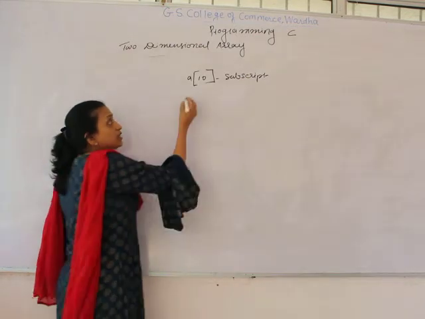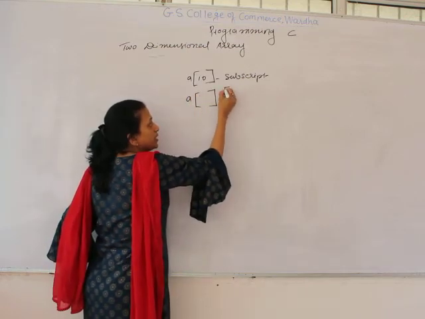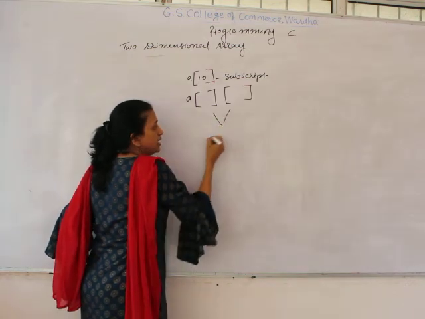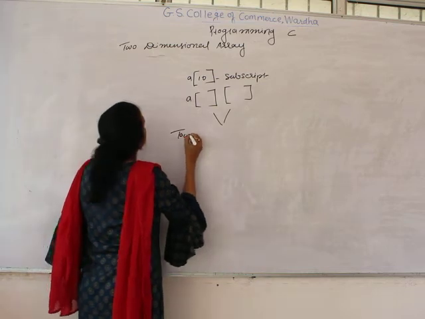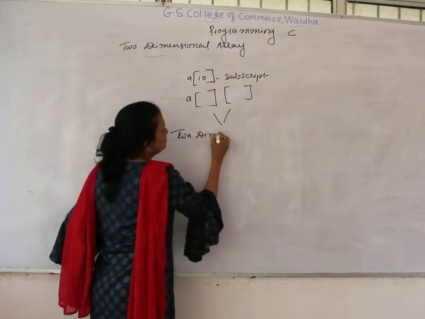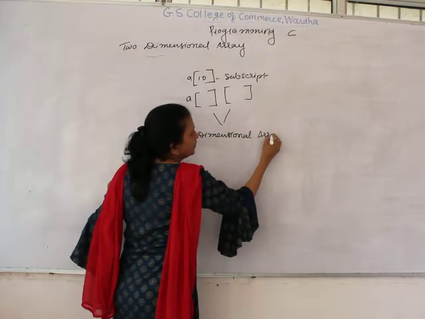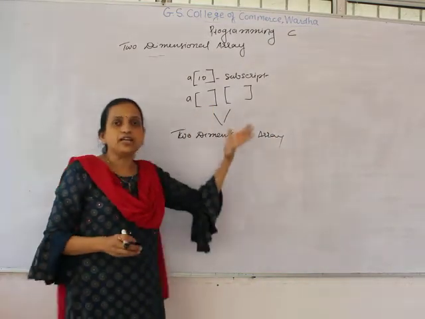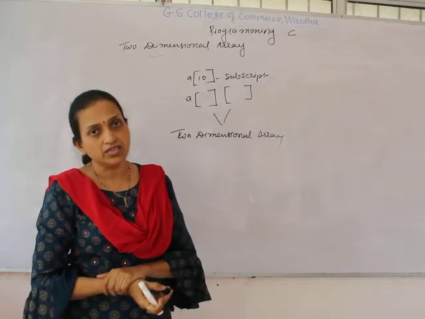But when the variable is declared with double subscripted value, then it is known as double dimensional array or two dimensional array.